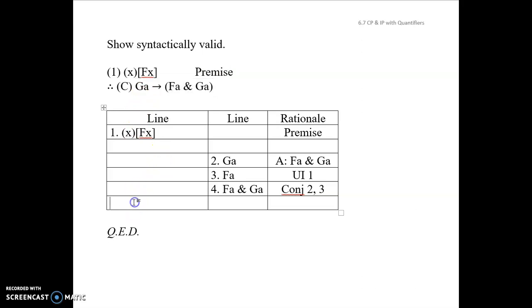In other words, we're going to now discharge the assumption because we found what we wanted from it. And so we get the first thing we assumed, arrow the last thing we got, and that is QED with the exception of CP 2 through 4. So as you can see, it works in the exact same way structurally as it did in Chapter 3 when we were working with propositions.